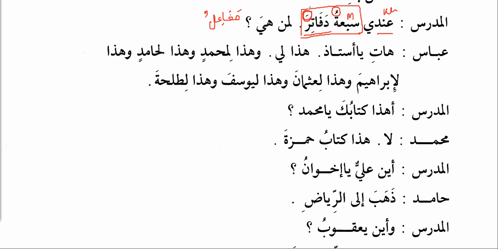That's why it is having a fatha instead of a kasra, because it is following the mafa'il scale. So, liman hiya. Now, why is this hiya coming? The hiya pronoun is referring to what? Referring to the ghair aqil plural. Liman hiya. For whom is it? And it will be translated as it. Why?